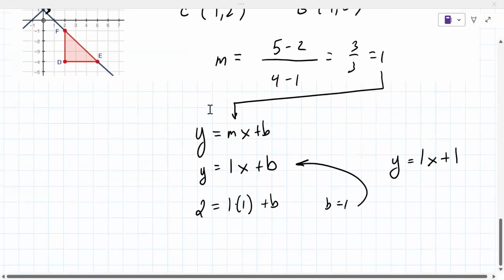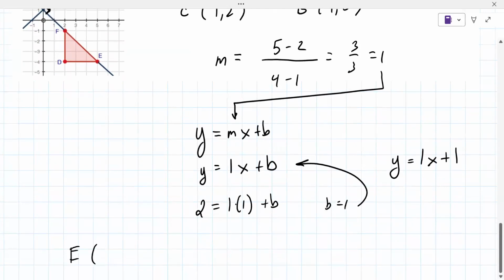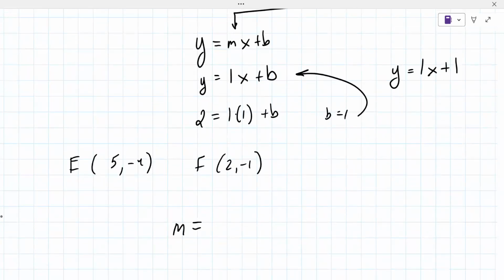So we should write the points for E and F. E is 5, -4, and F is 2, -1, and you should find the slope between them.